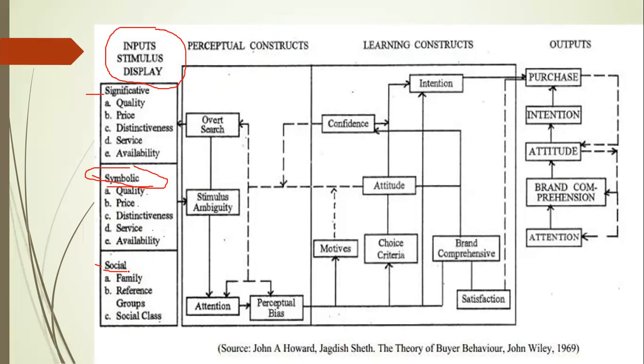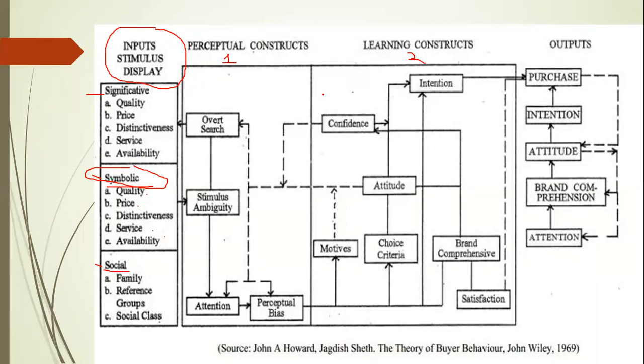Now, coming to the next, the hypothetical construct, which has two things: the perceptual construct and the learning construct. The model proposes a number of intervening variables categorized into two major groups. The perceptual construct includes sensitivity to information, the degree to which the buyer regulates the stimulus information flow.